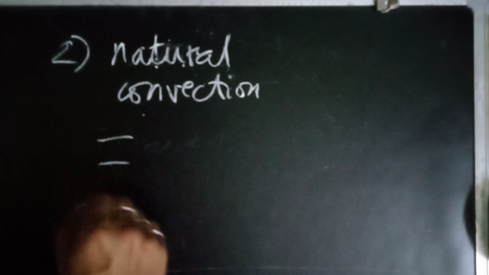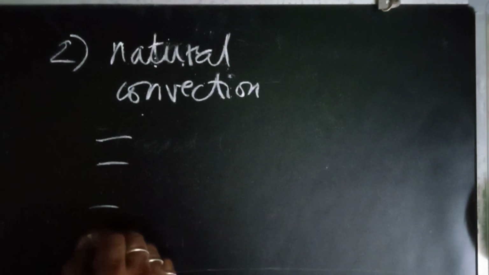The next question was on natural convection. There were four options given, asking which one favors it the most.